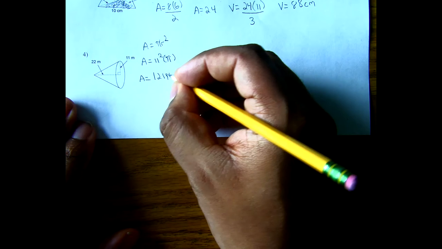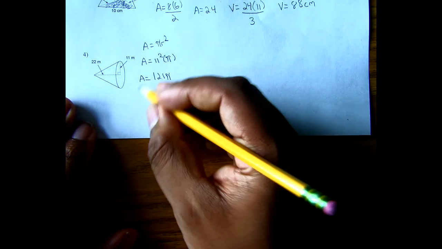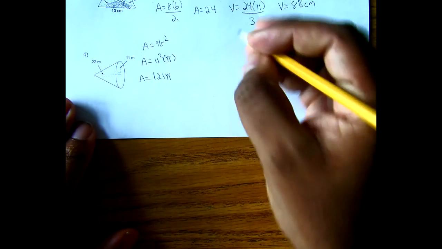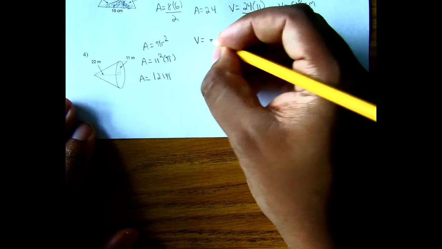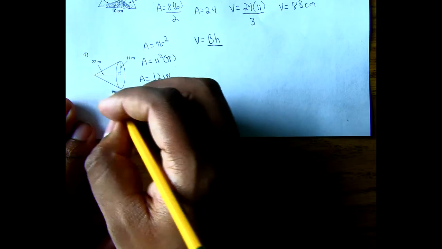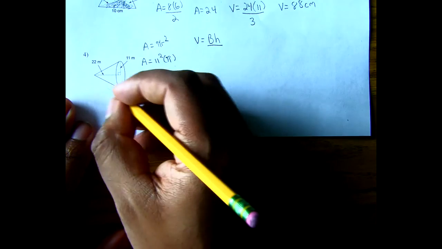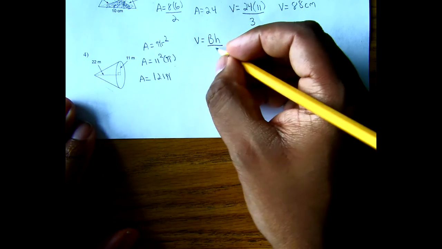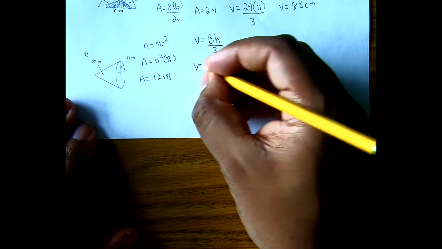Now bring down my pi. All right, so now I have my area for the base, and I'm going to write my formula here. V is equal to the big base times the height, and because it's a cone this time, but it still goes up to a certain point, we're going to divide by 3.